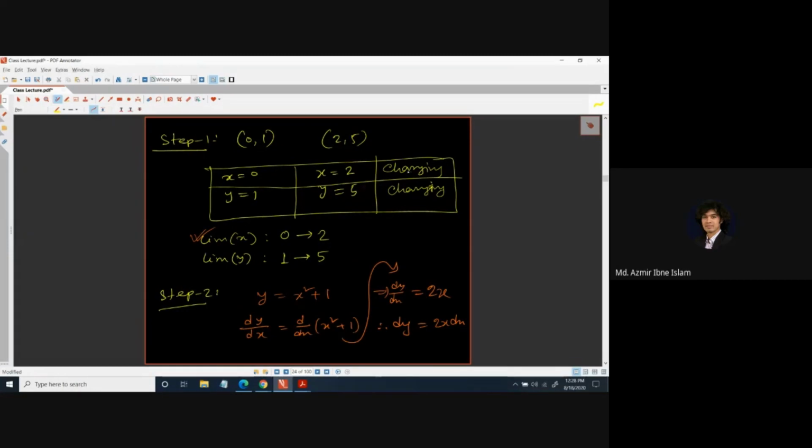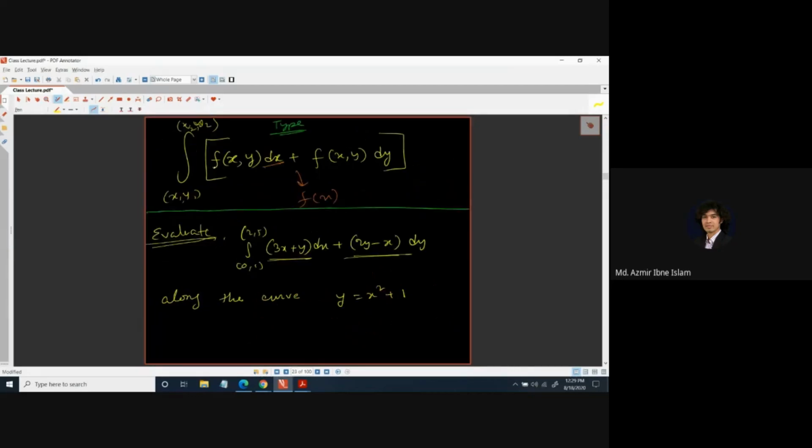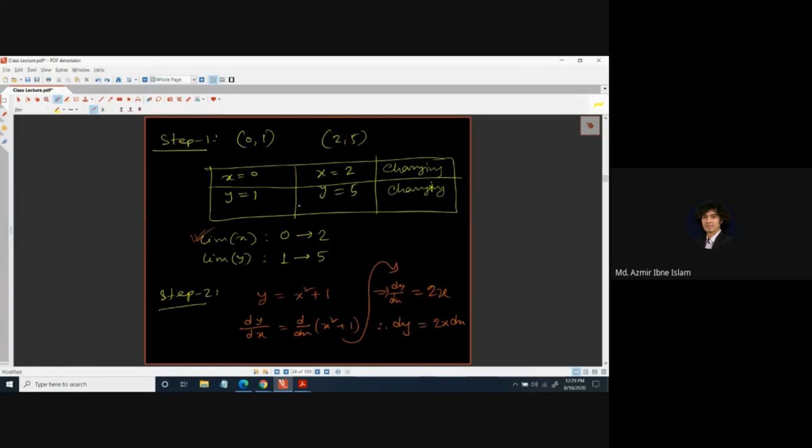So the limit can be taken based on the concept that you can see here, x equal to 0, x equal to 2. So x values are changing, so x can be the limit. y is also changing from 1 to 5, so y can be the limit. But for our convenience, we can work with x. Our target is to convert this function of several variables to function of x only, or f of y only.